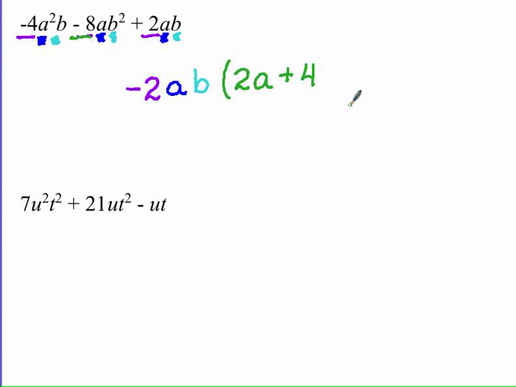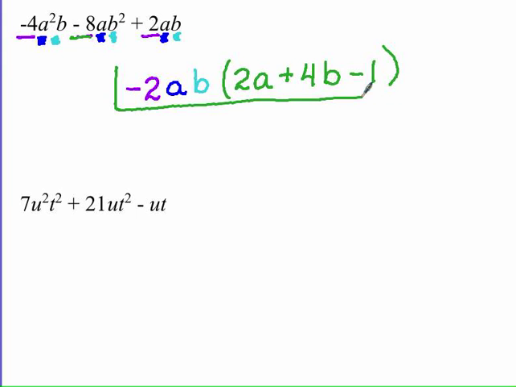Do I need anything else with the 4? A b. Very good. And then negative 2 times what number will give me a positive 2? Okay, negative 1. Do I need anything else? No. And so that is your answer.